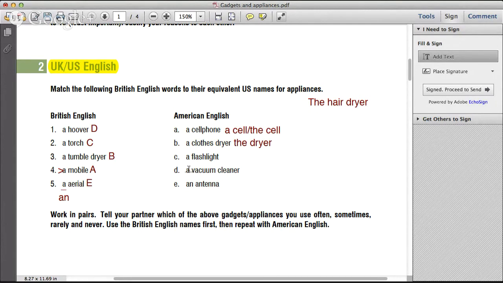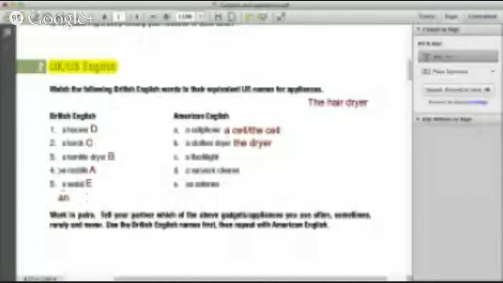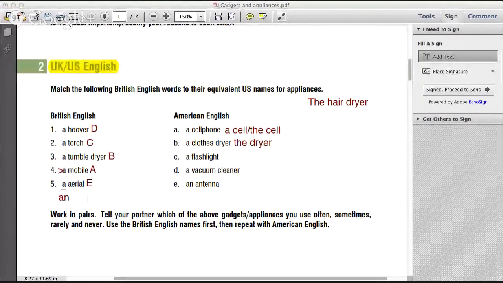I suppose Hoover in my house. Do you use the Hoover the most? Yes, because my wife is addicted to cleaning up the house. Oh, really? Wow. I would probably say cell phone or mobile. Anybody else have a different opinion? So we've got one on Hoover. Anybody else?